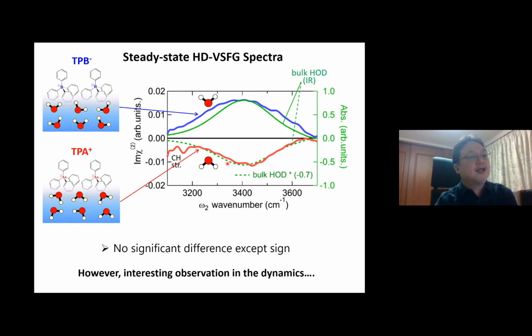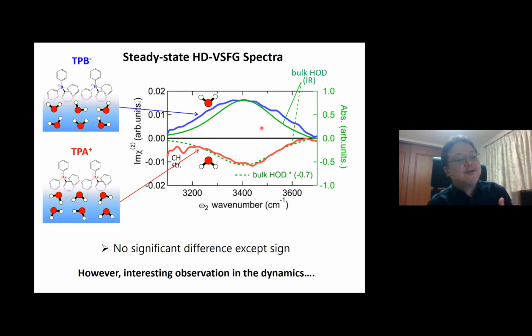But apart from this difference of sign, these two steady state spectra look almost similar. And if we compare these spectra with the bulk HOD spectrum measured with IR, the green dotted curve, changing the sign, it is more or less the same, although we can recognize a little bit of broadening for TPB.